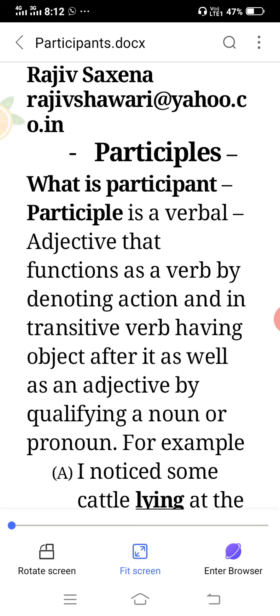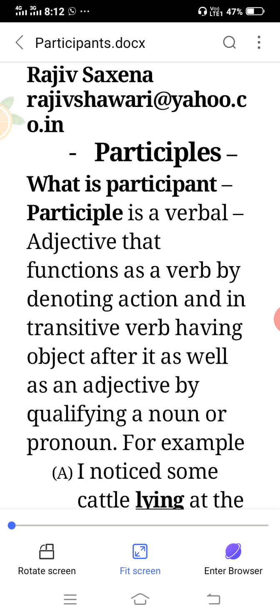Participle is a verbal adjective, that you first need to keep in mind whenever you are asked in any competition anywhere, and for the basic comprehension of this concept.